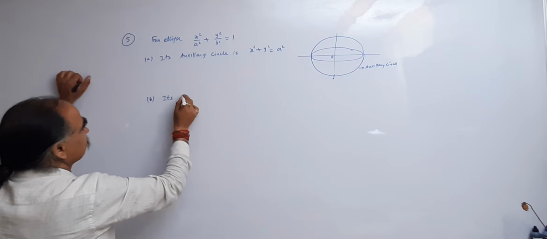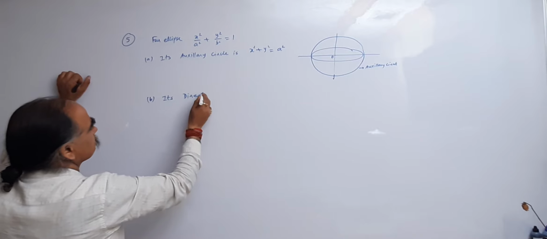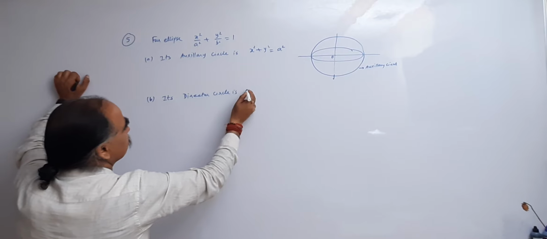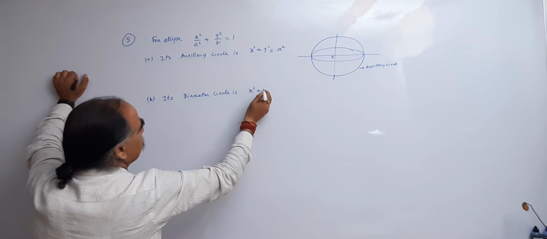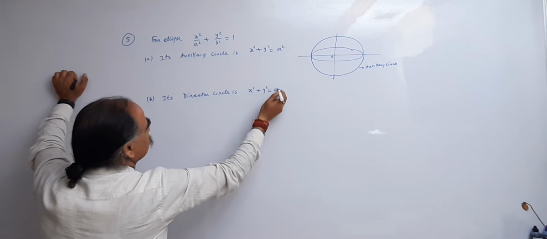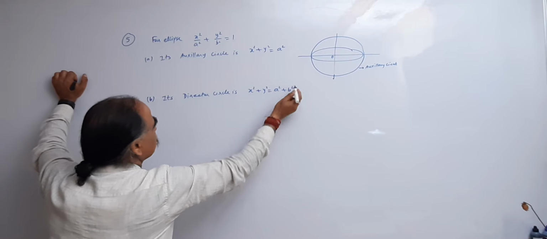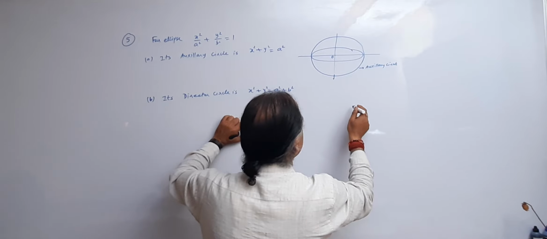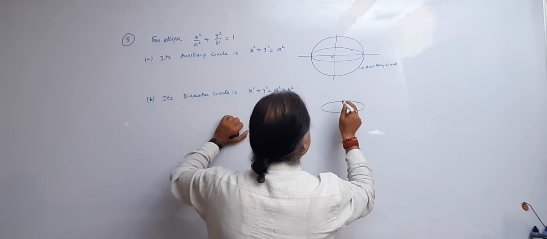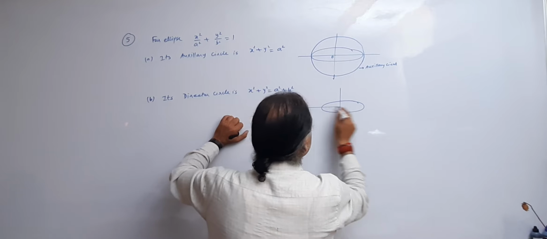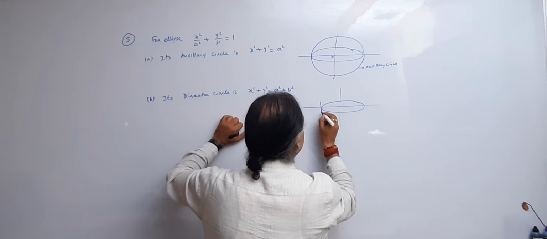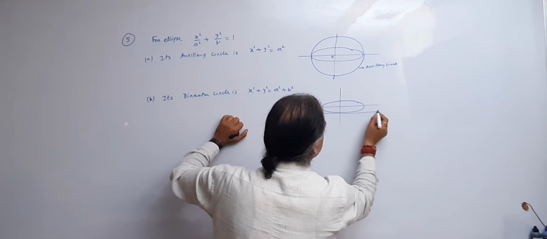Its director circle is x square plus y square is equal to a square plus b square. This is the ellipse; the two tangents are perpendicular.